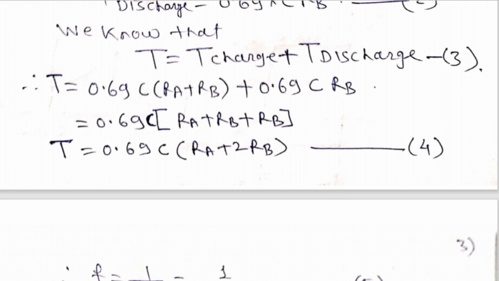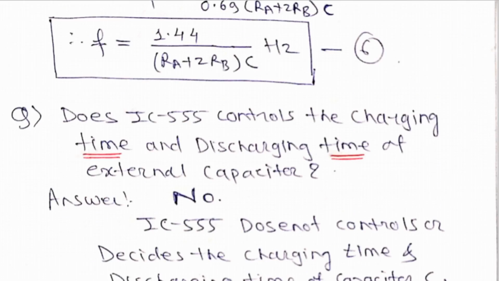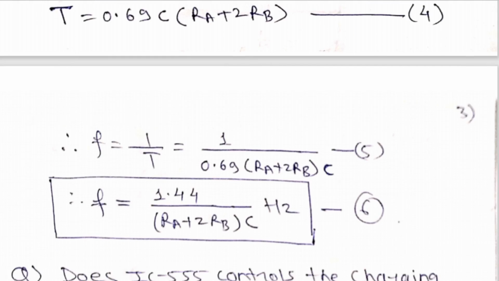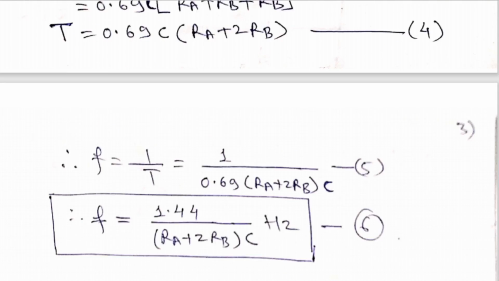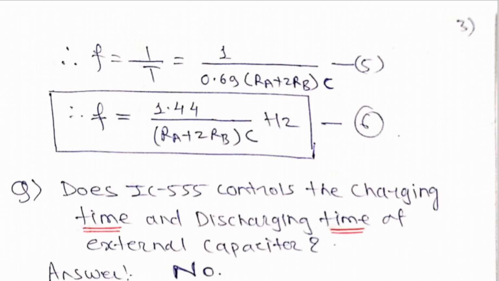Now you know very well that the frequency F is equal to 1 by T. So F is equal to 1 by T, and the formula for T which we have derived is 0.69 into bracket RA plus 2 times RB, bracket close, and C. This C you can take before or after the bracket, it doesn't matter. Then F is equal to 1 divided by 0.69.